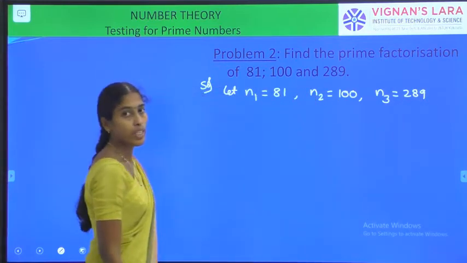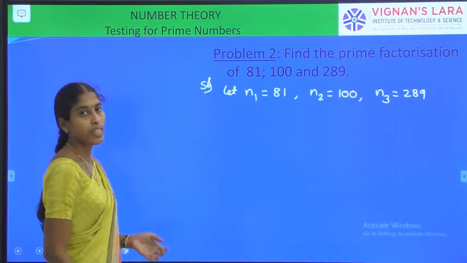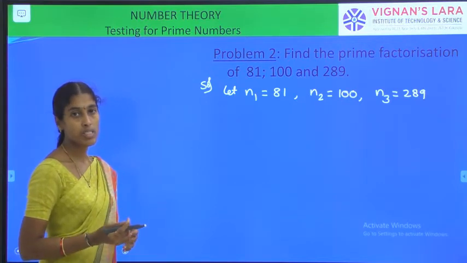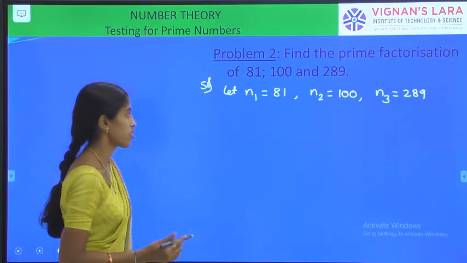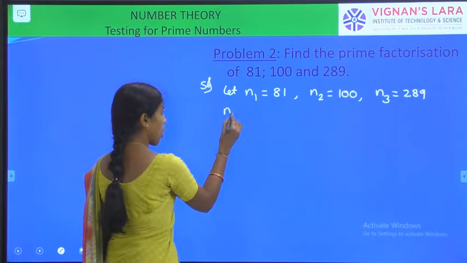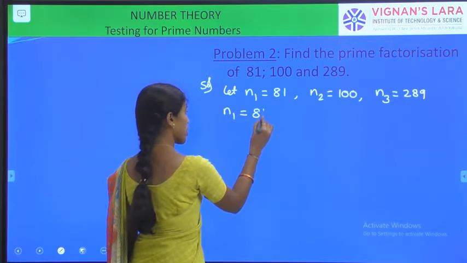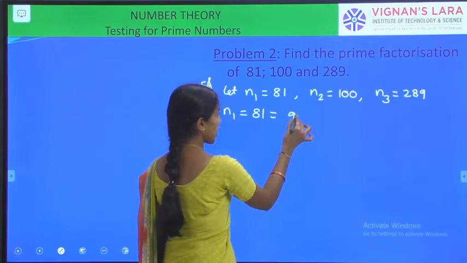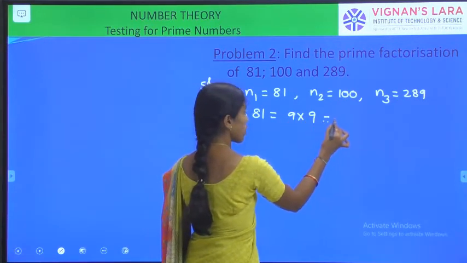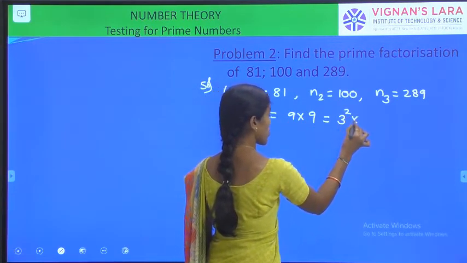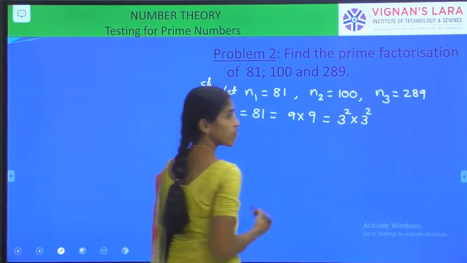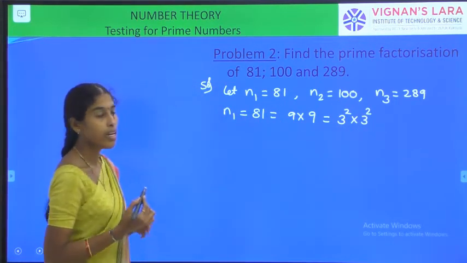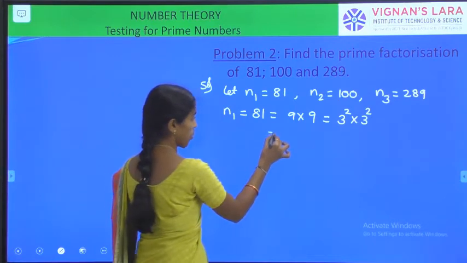We need to find the standard factorization, that means we need to express each as a product of prime numbers. We can also do it orally because 81 is a small number. 81 can be written as 9 into 9, which can be written as 3 square into 3 square, but that is not the standard factorization, since it must be a product of prime numbers.